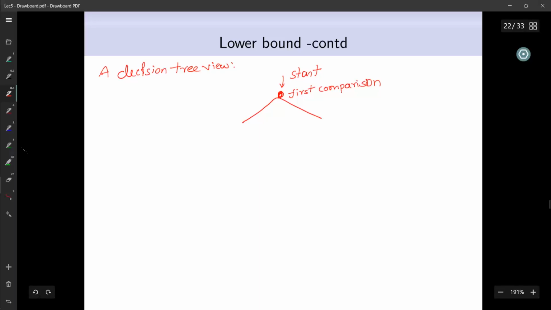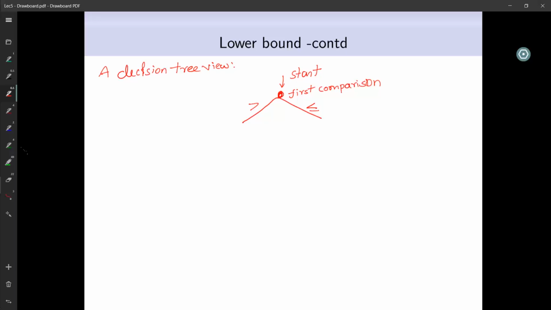Outcome 1, outcome 2. Let's say greater than, less than or equal to. I'm just writing, the comparison might be equal to, whatever.